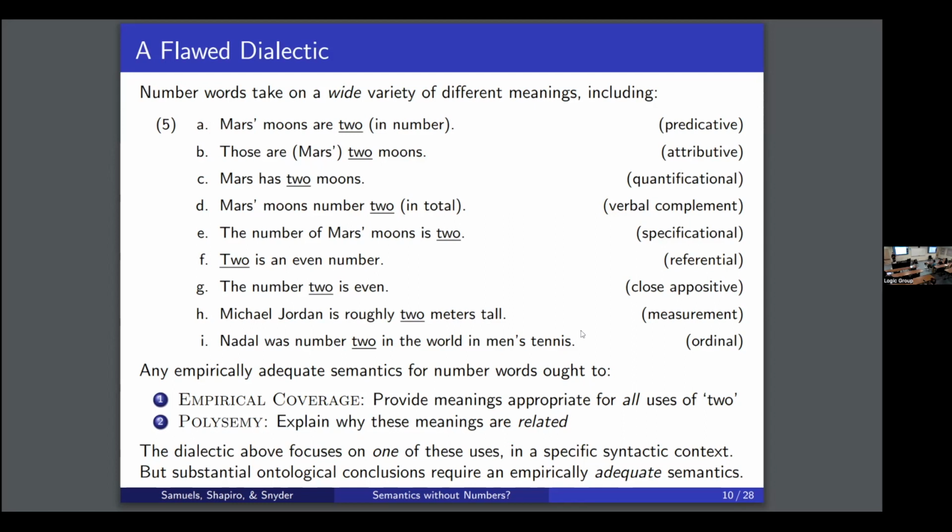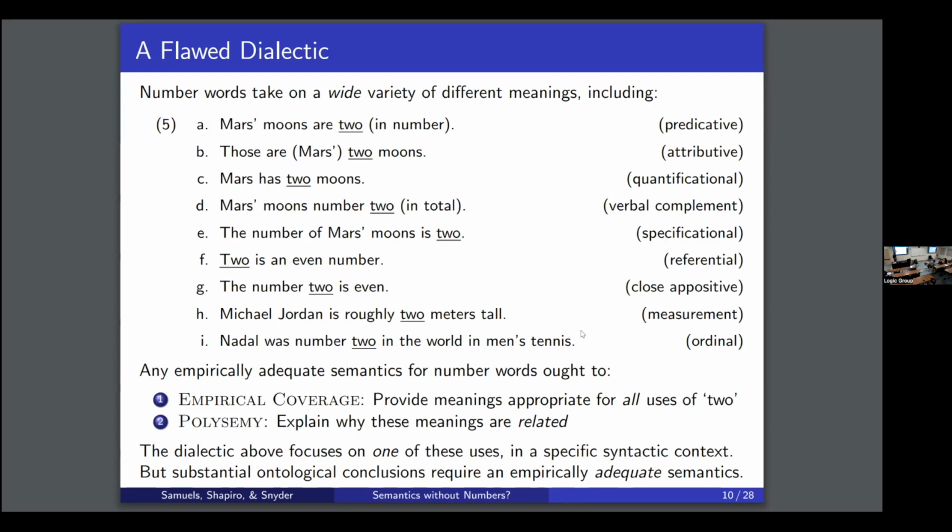And secondly, and maybe more importantly, we want an account that explains why all the different meanings here are intuitively related. Okay, so some of these different uses of two have something to do with cardinality. It tells us how many moons Mars has, for example. Other uses have to do with measurement, that's an H here. Others have to do with ordinality, that's I here. And others have to do with arithmetic, right?